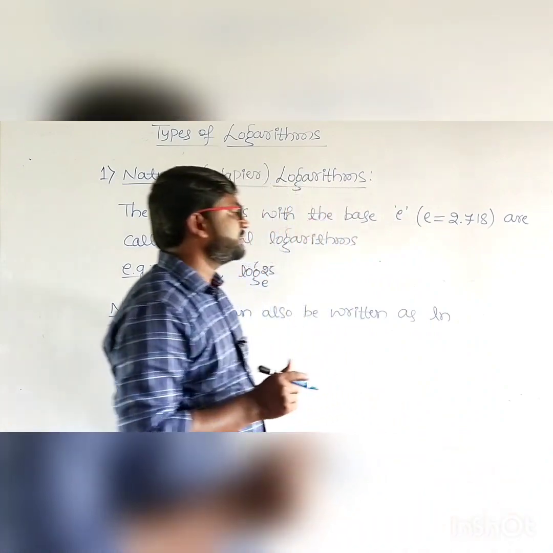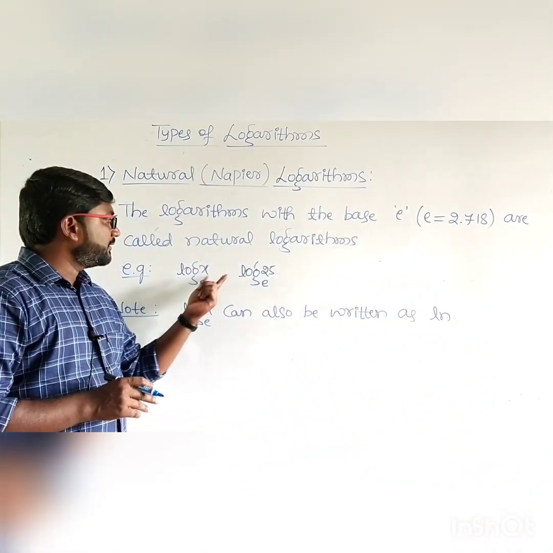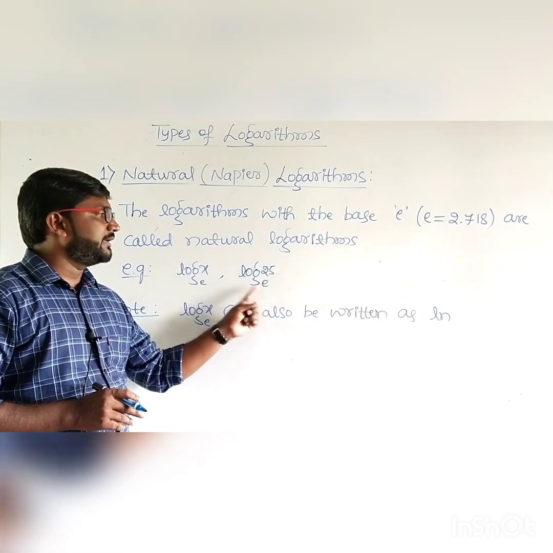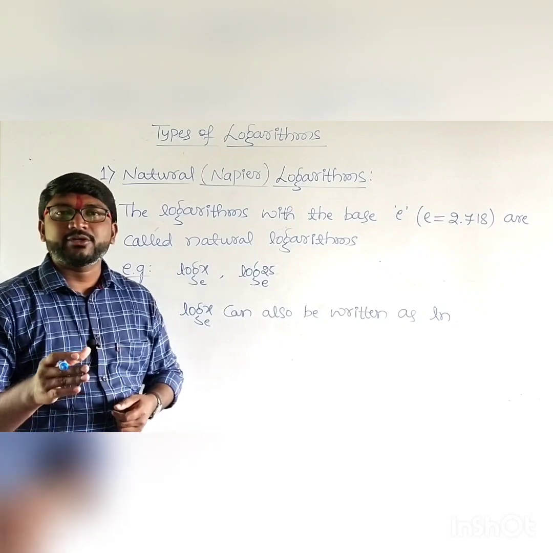So sometimes we write only ln of 25 or log 25 to the base e. So this is all about the natural or the Napier logarithms.